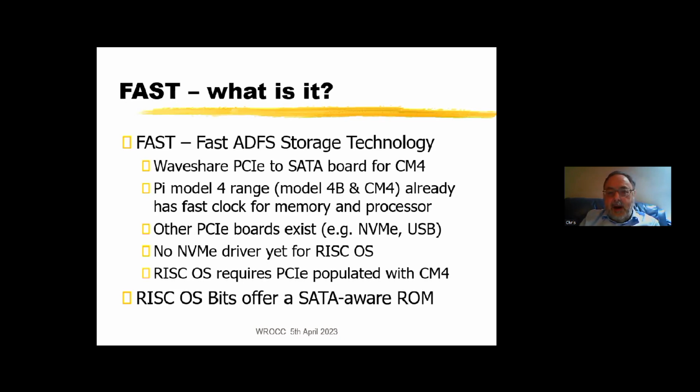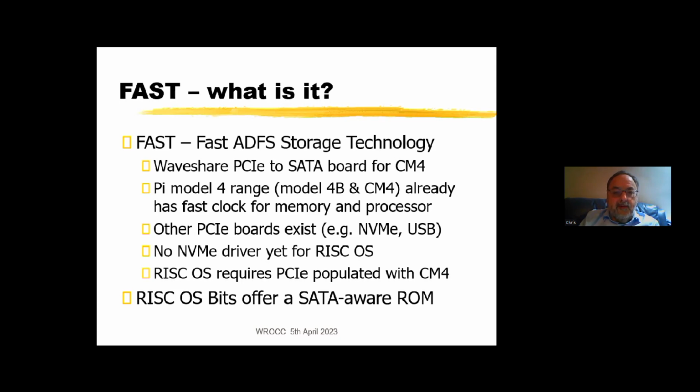And it's just a trade name, really, used by RISC OS Bits. What it actually is is a Waveshare PCIe to SATA board, which costs about 25 or 30 quid, and a ROM to drive it is available as a package with it from RISC OS Bits.